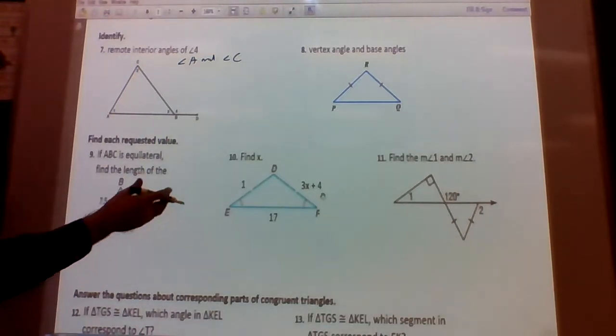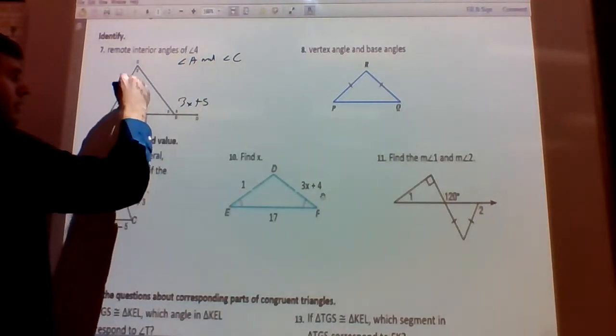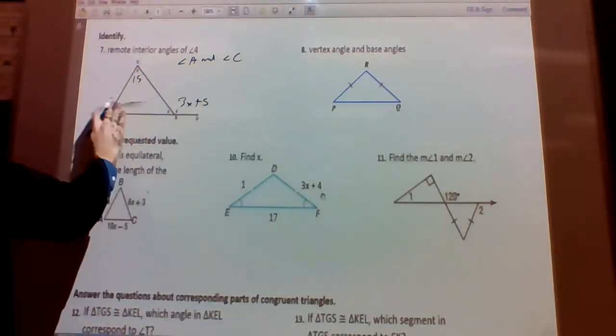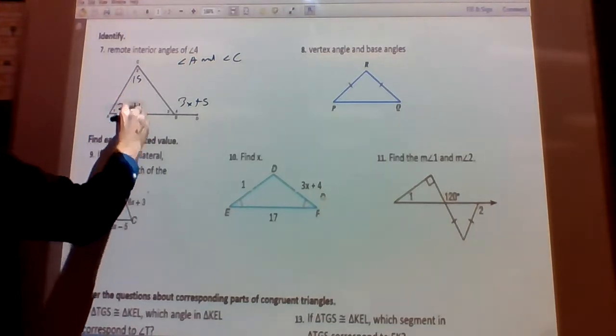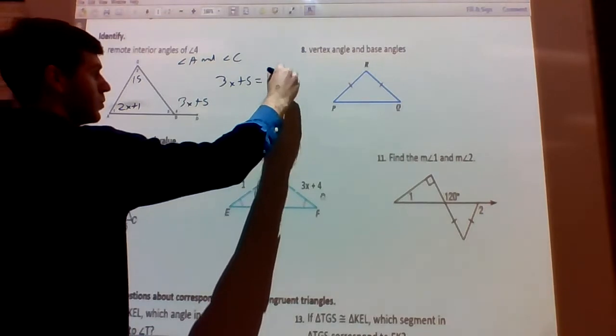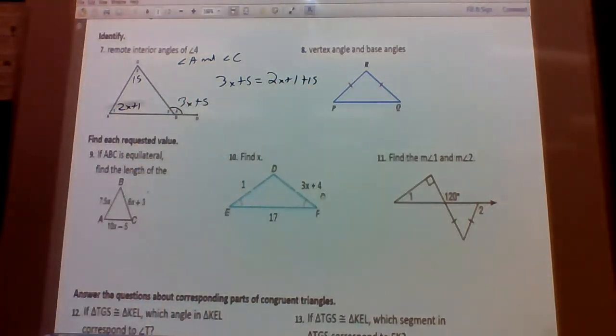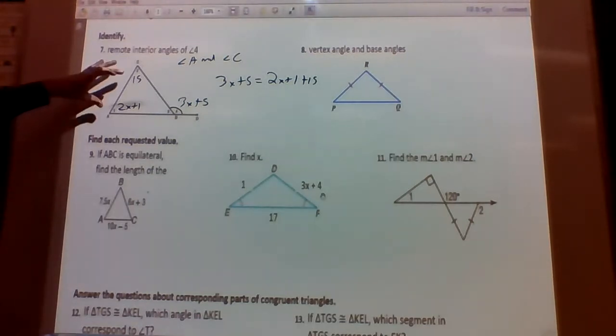So again, just an example problem. If you had 3x plus 5, 2x plus 1, and 15. Right, 3x plus 5 would equal 2x plus 1 plus 15. The exterior angle of the triangle, angle CBD, is going to equal the measure of the two remote interior angles added together.